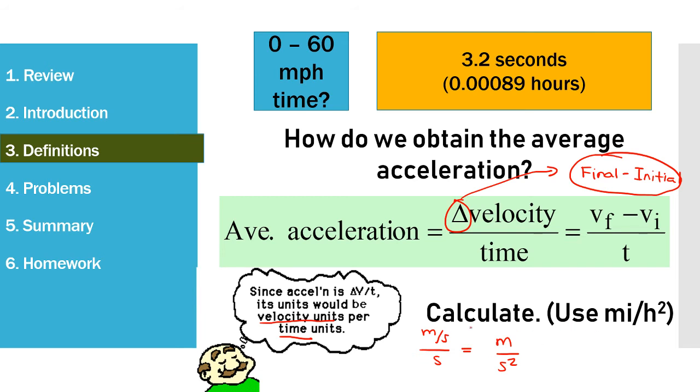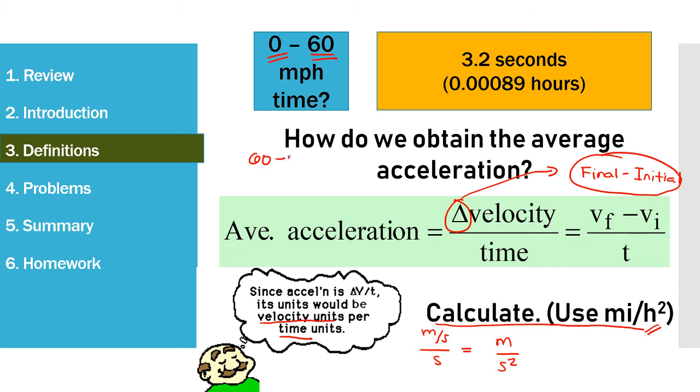Now, how do we calculate the acceleration of this Lamborghini? So using miles per hour squared, remember I could use any time unit here. So 0 to 60. Again, acceleration is equal to Vf minus Vi over t. What's your Vf? Vf is the final velocity, or 60. Vi is your initial velocity, or 0.